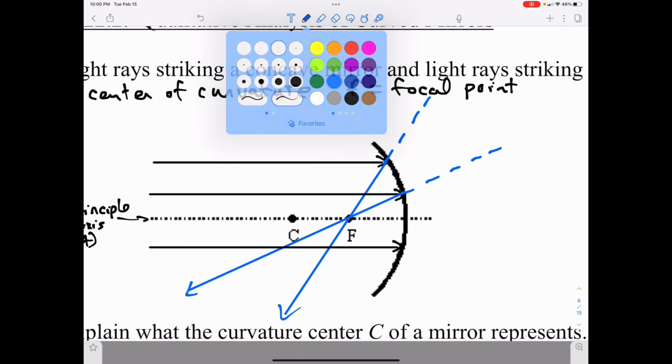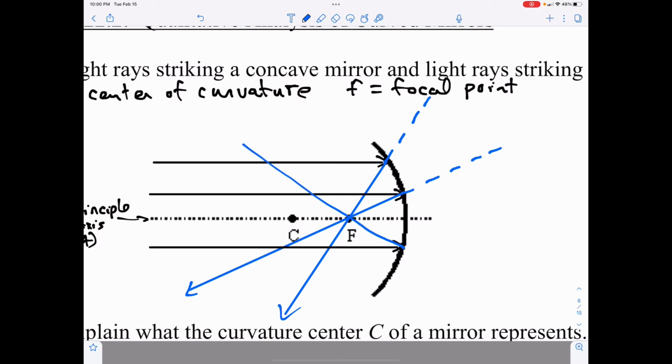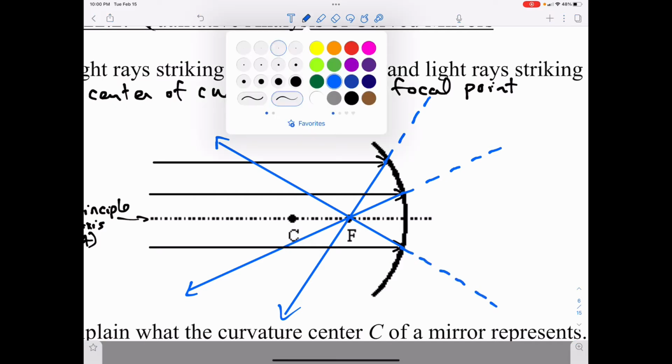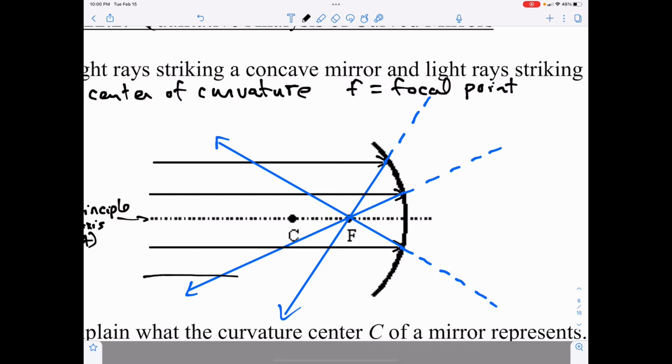Okay, what will it do? It's going to reflect this time upward through the focal point. There's the back ray extension. And then finally, if I draw a fourth parallel ray, it would reflect upward through that focal point.